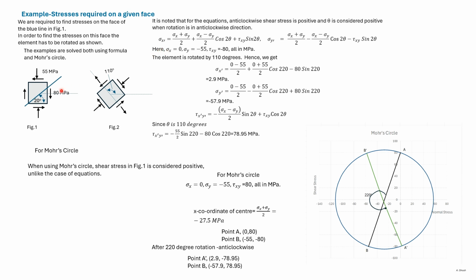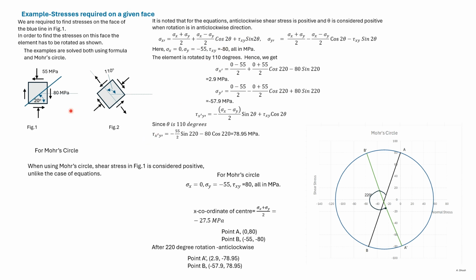Sigma x is equal to 0, sigma y is minus 55, tau xy is clockwise on the right face, so tau xy is minus 80. 2 theta becomes 220 degrees, and we find sigma x dash and sigma y dash. Now tau x dash y dash is given by this formula. So again, theta is 110 degrees and we get tau x dash y dash.